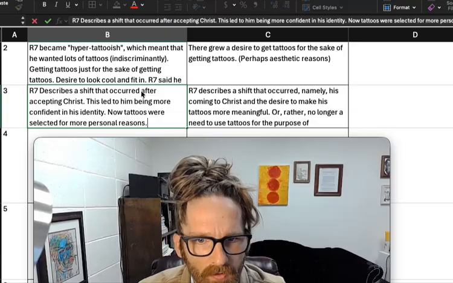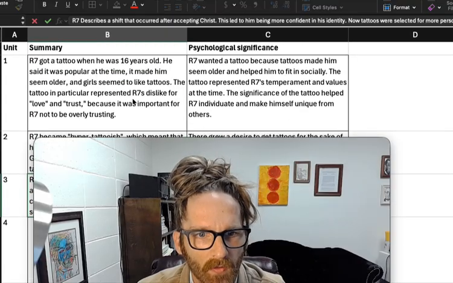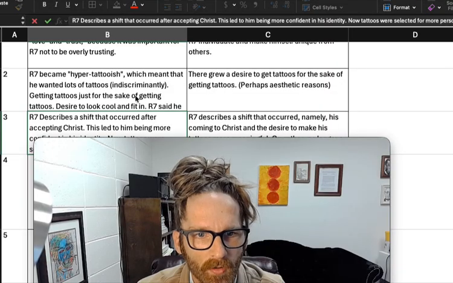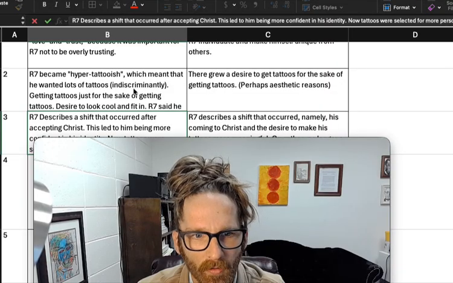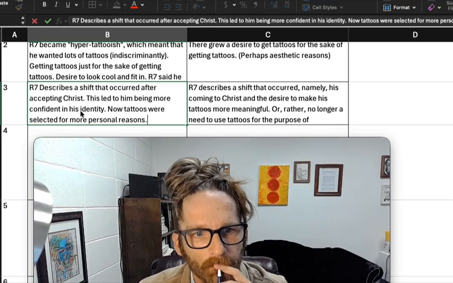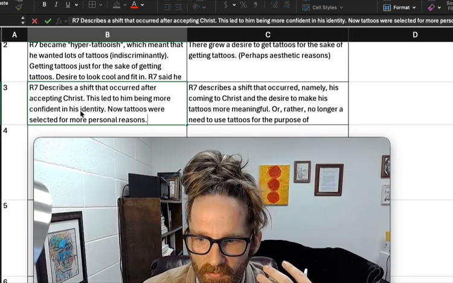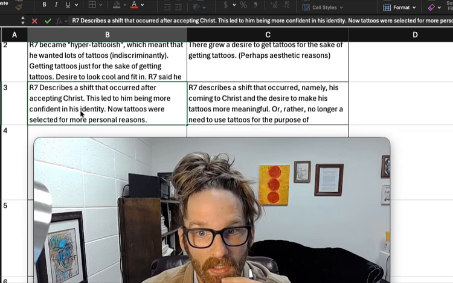So over the first three meaning units here, we have the initial motivation, this hyper tattoo craze, but without any real purpose, and then this shift that occurred in his personality and his identity, this solidification of his identity, no longer the need to have tattoos to represent himself.